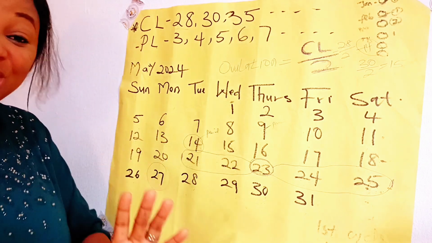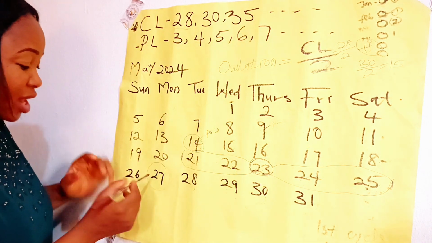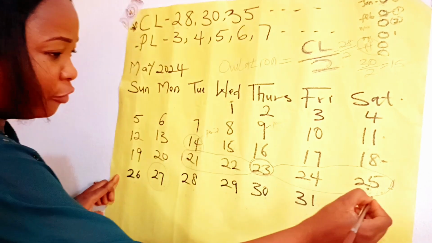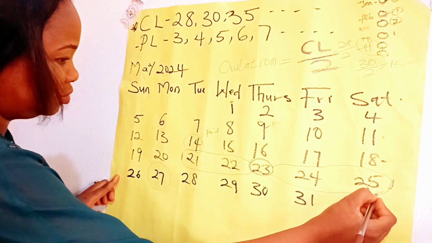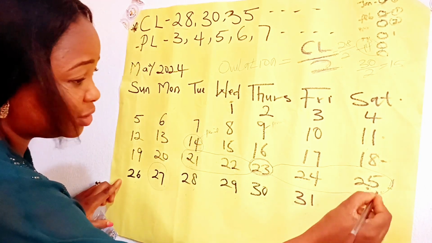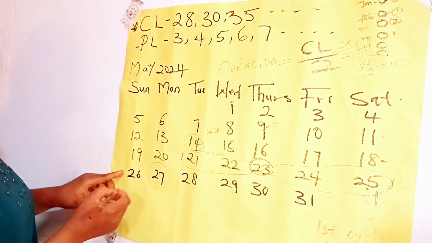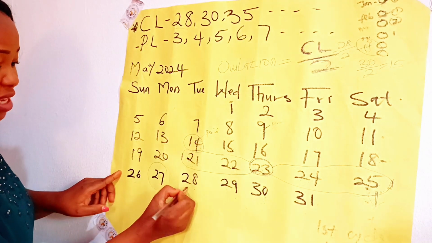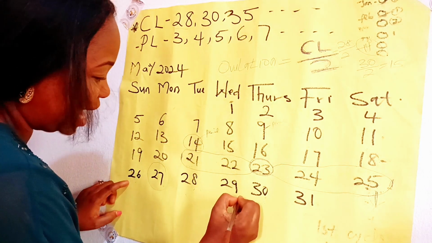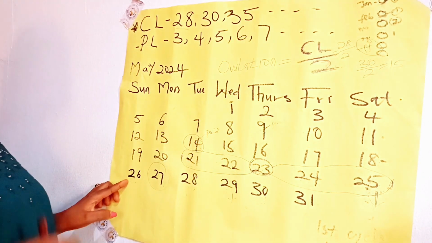That's why they call this a period. Now let's do the normal thing: 2 days backward, from the 25th of May, to 2 days after, 1, 2, to the 29th of May, is your ovulation period.